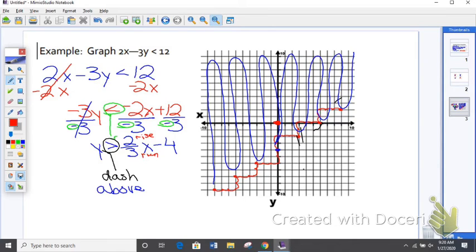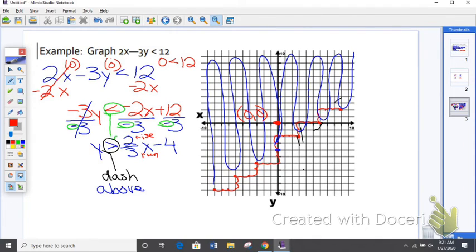So if I wanted to check that origin 0, 0, I put 0 in place of my x and 0 in place of the y. So on the left side, what do I have? 0 is less than 12. And that is a true statement, which means that point should be shaded.